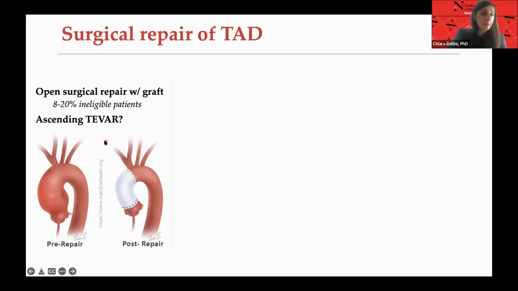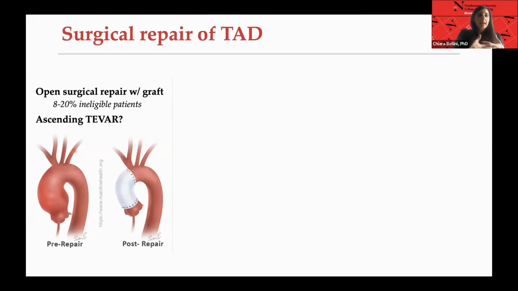While open surgical replacement is safe for most patients, 8 to 20% of patients with acute type A dissection are too high risk for this approach and would benefit from a less invasive procedure with thoracic endovascular repair, or TEVR.